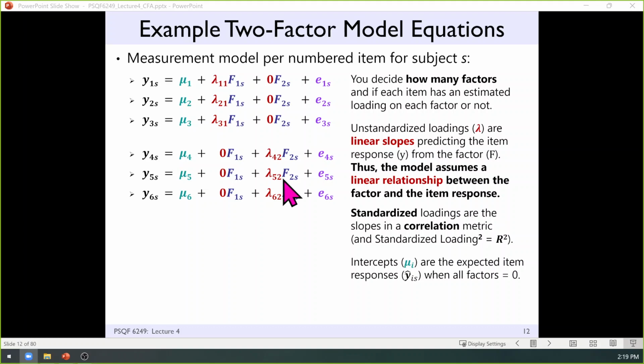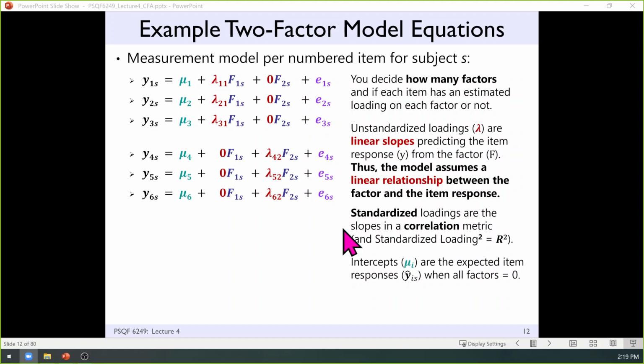So if I were to allow loadings where the zeros are, that would turn this analysis from a confirmatory factor model to an exploratory factor model. And then I wouldn't be able to say as easily what each factor is. If all items measure everything, then it's much harder to figure out what that factor must represent.